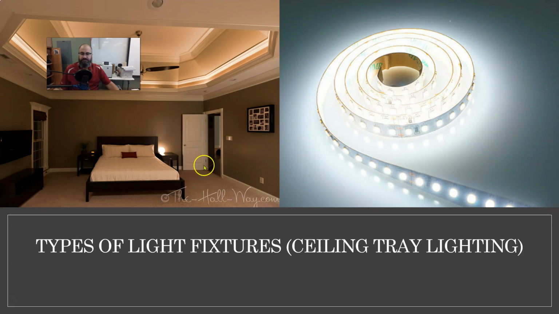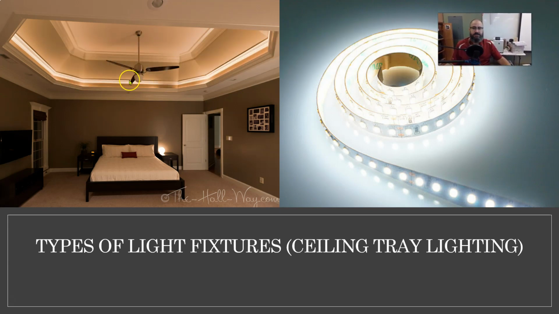Let's see, types of lighting fixtures, ceiling tray lighting. Okay, you see in this picture right here, ceiling tray lighting, they typically will use something like this. This is an LED strip, and the ceiling would be constructed in such a way that this strip would actually hide behind some molding.